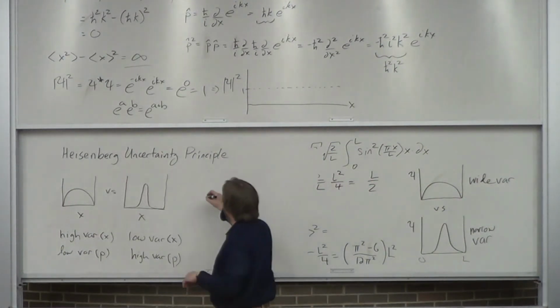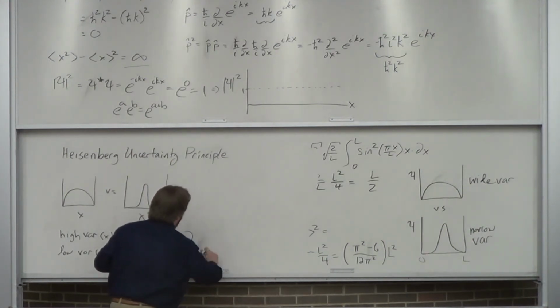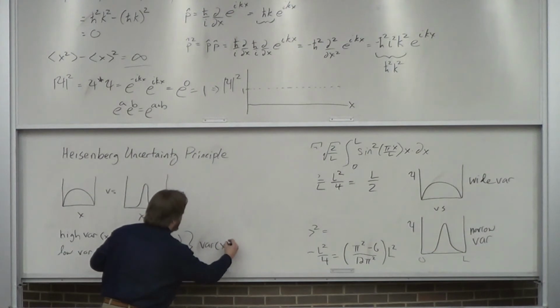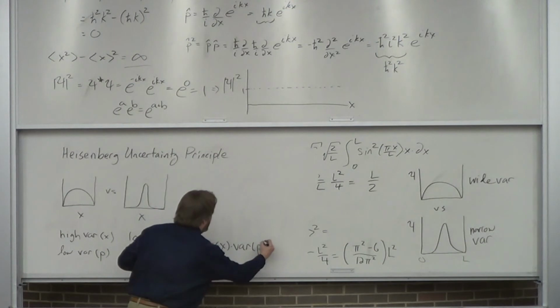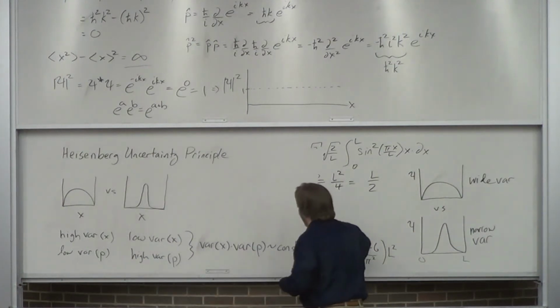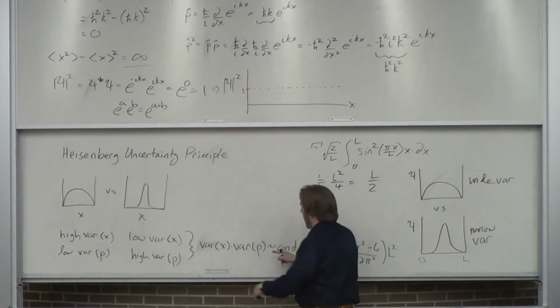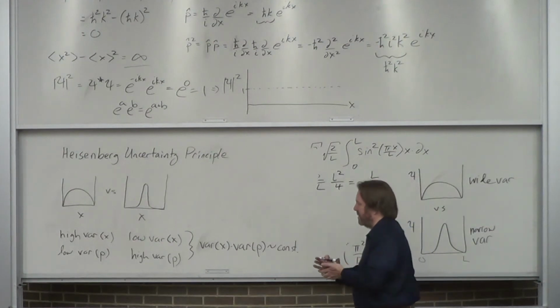So the mathematical expression of this is the variance in x times the variance in momentum is a constant. That's why if one of these is large, the other has to be small. They have to balance each other out to be approximately constant. That's what the Heisenberg uncertainty principle says.